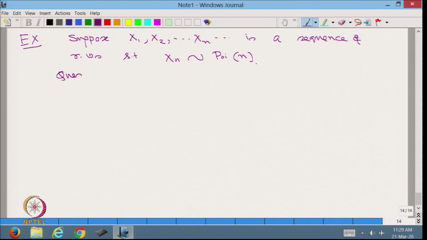The question is, does X_n converge to some known distribution?